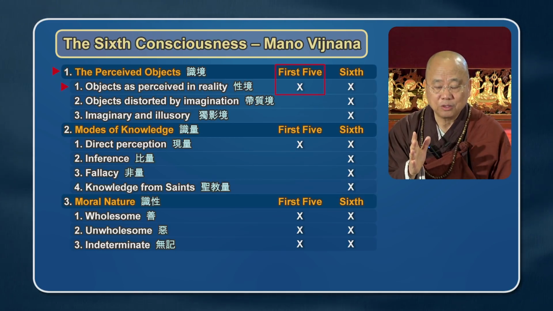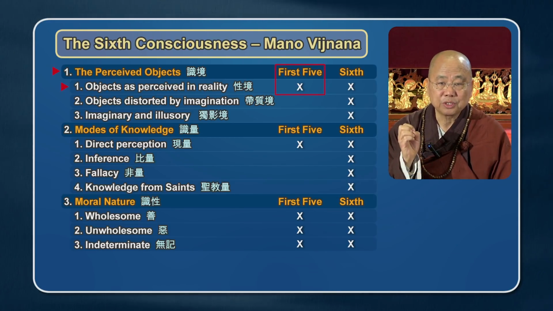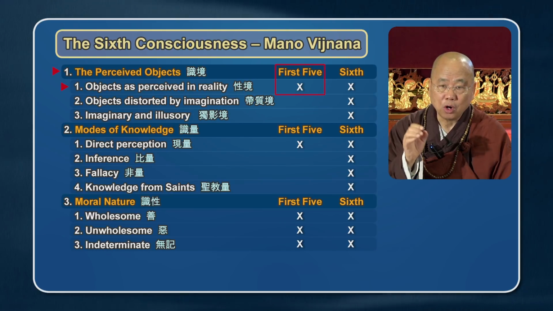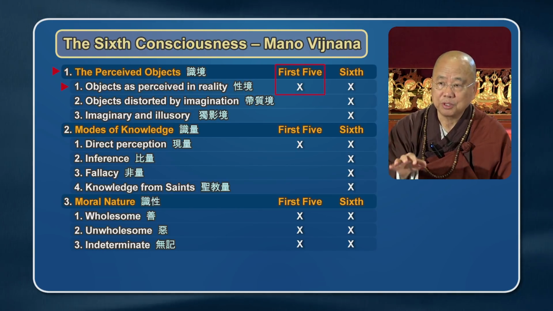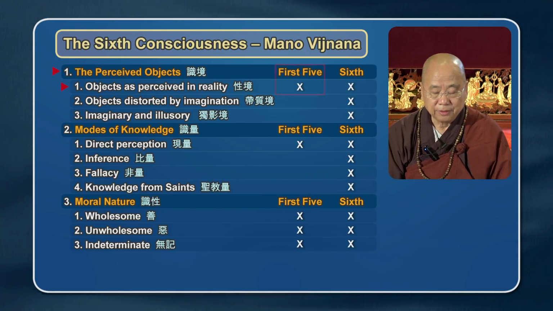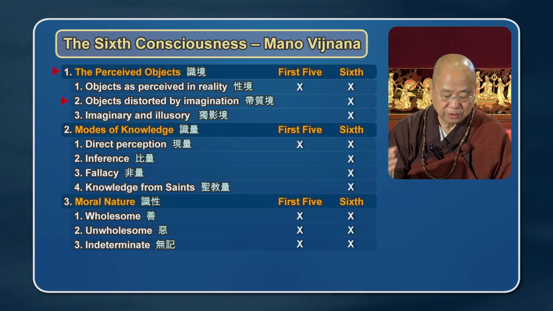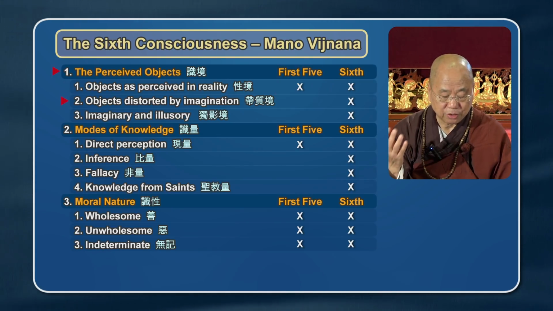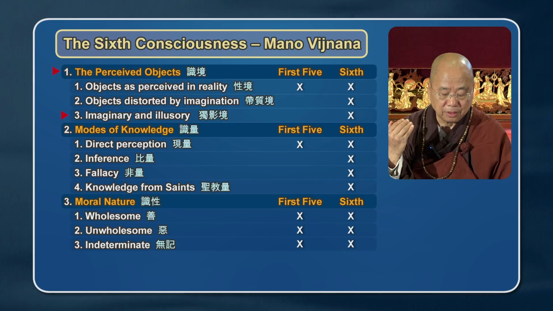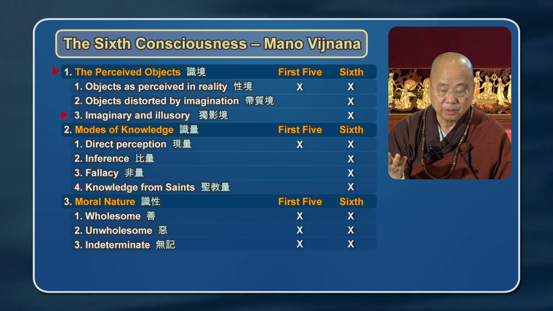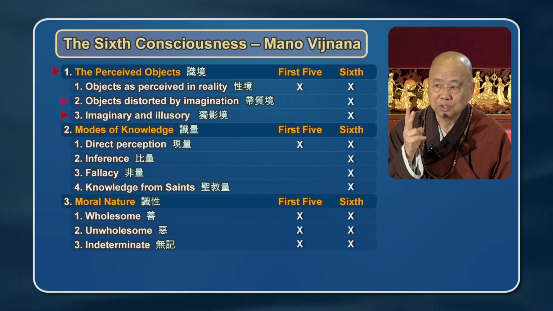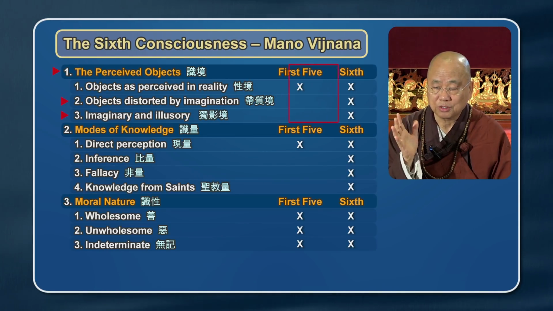The first 5 consciousnesses only perceive objects, raw objects, as they appear to be, and then objects distorted by imaginations, and objects out of imagination and illusion. These 2 states don't belong to the first 5 consciousnesses.